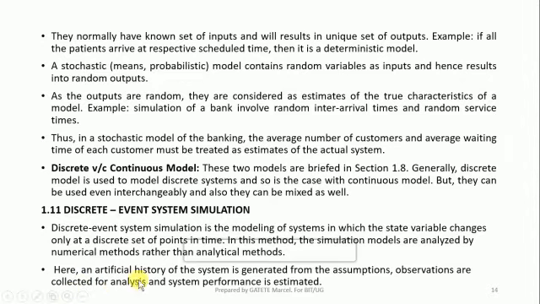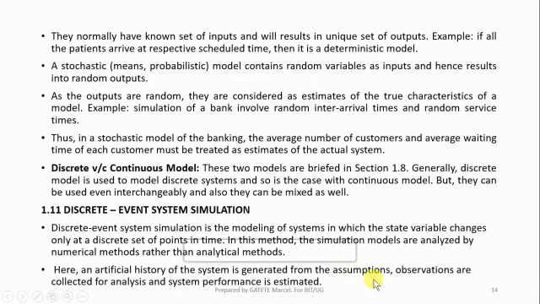Here, an artificial history of the system is generated from assumptions, observations are collected for analysis, and the system performance is estimated. We can generate the history of the system, but it will be generated from assumptions.